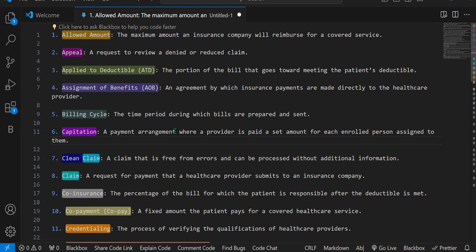So the billing cycle is the time period where the claim form will be sent to the insurance company.